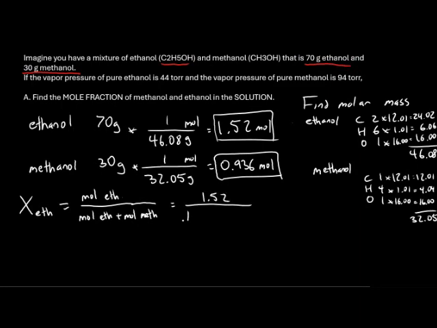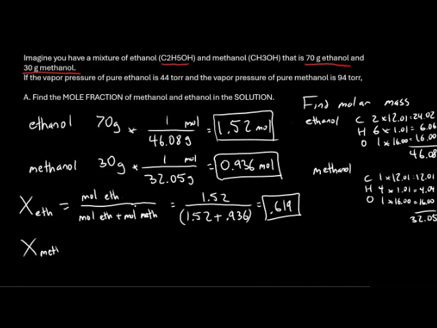Place that on the top and on the bottom. Then add on the bottom our moles of methanol, which are 0.936. It may help to place parentheses around both terms in the denominator, and then go to your calculator and divide those terms. When we divide, we get 0.619 for our mole fraction of ethanol.